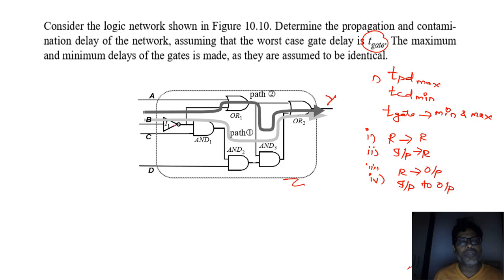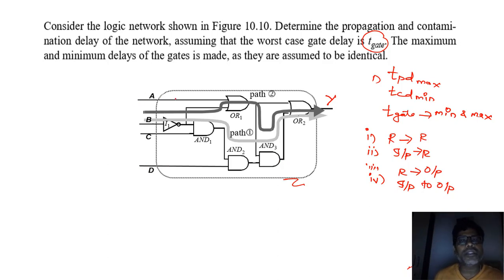There could be another path from here to here which can go this way. You can also see visually multiple paths, like my path could be this way, this way, this way and this way. So like this I can have n number of paths, right?